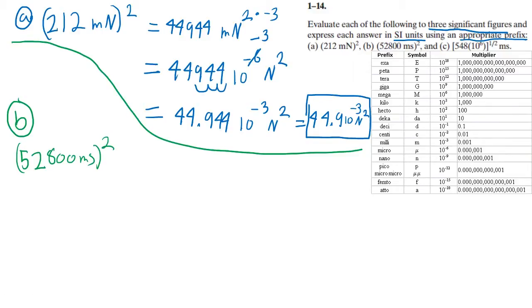So 52,800 squared is going to yield 2,787,840,000. And we'll put some commas in there just to organize this. So 2 billion is what we got.